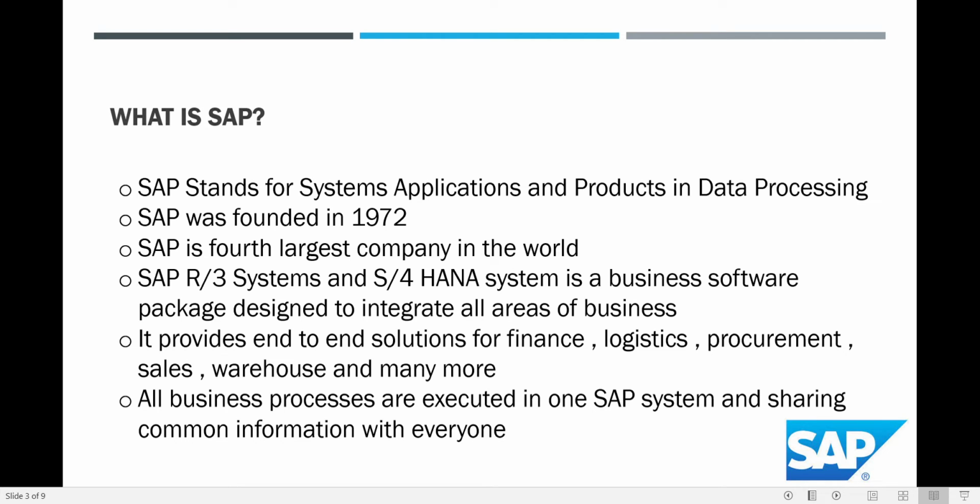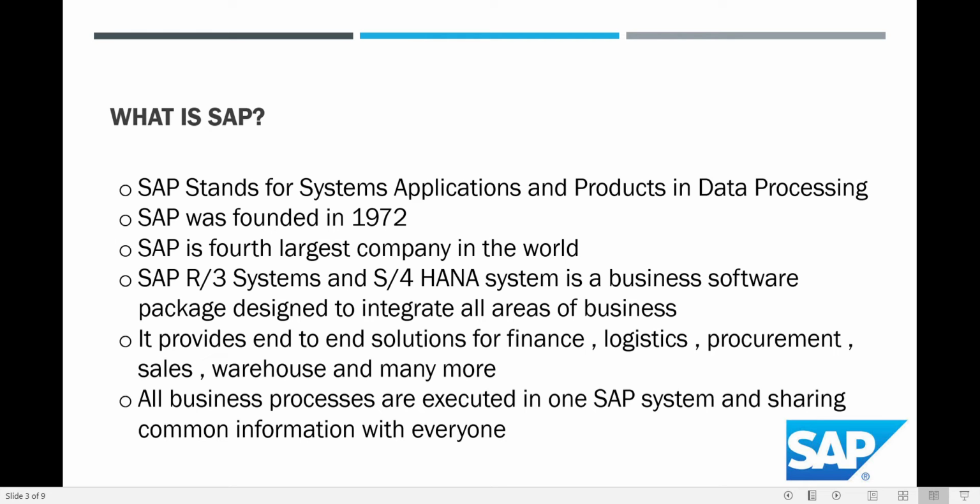So to start with, what is SAP? SAP is an ERP, which stands for System Applications and Products in Data Processing, which was founded way back in 1970s. So SAP is the fourth largest company in the world, after Google, Apple, Microsoft.